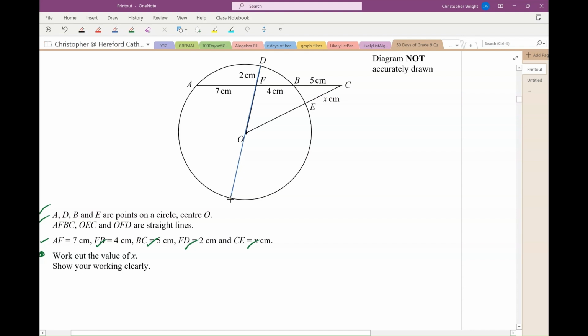Okay. All I know about that so far is that part of it is 2, and then the other part is the rest of the diameter of the circle. Let's call this point Z, just so we've got some way of referencing it. So if I think about DZ, now I could think about DZ alongside AB.